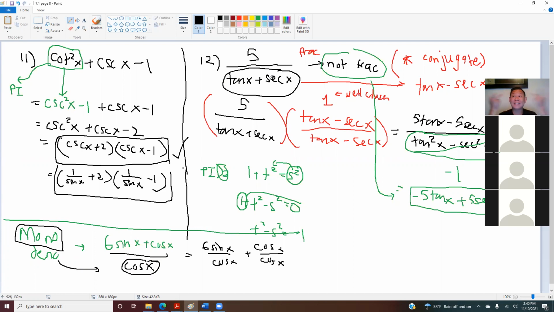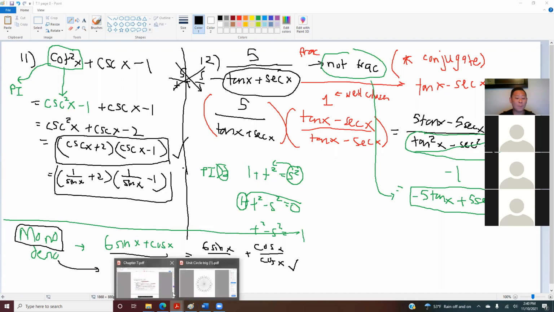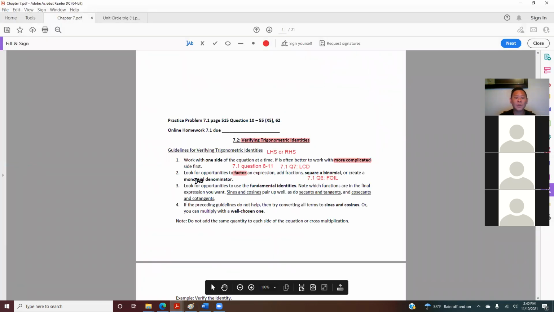You don't separate this. So do not separate this to become 5 over tangent plus 5 over secant. This is all going to be wrong. This is something you can only do if you have only one term. If you've got 2 terms, or 3 terms, or multiple terms, you're not able to split this. Okay, so make sure you guys know this. So this is what we call a monomial here.